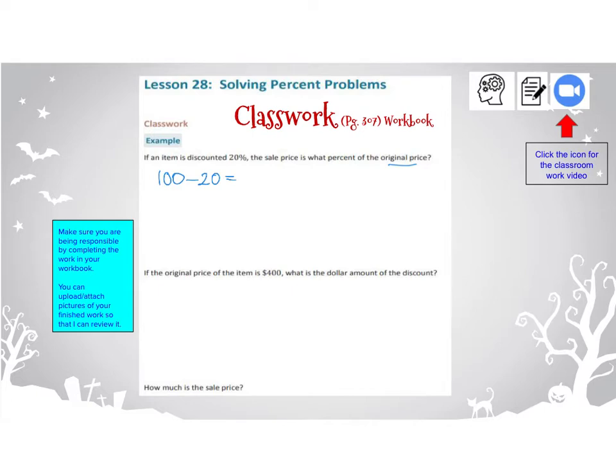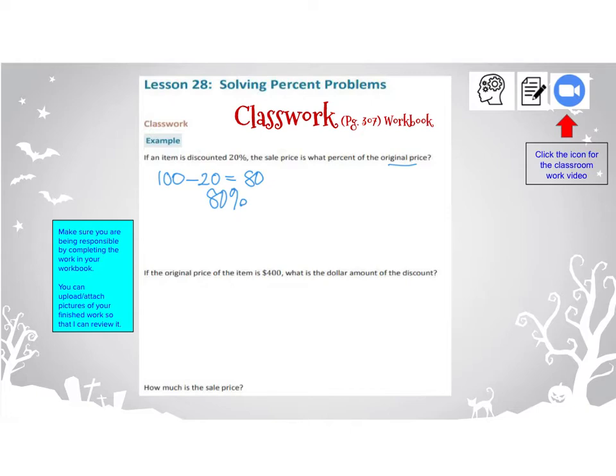So now the price that we're paying is 80% of the original price. If we're discounted by 20%, we're going to be paying 80% of the original price.